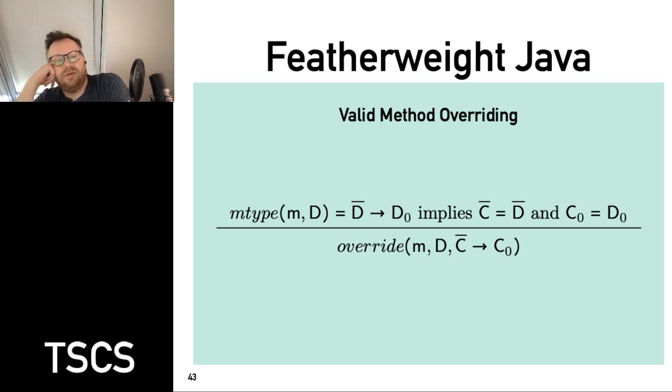Then this implies that we have a method type of M in D, which goes from this D vector to D0, and it implies that the C vector is equal to this D vector, and C0 is actually D0. And only then can we do valid method overriding.